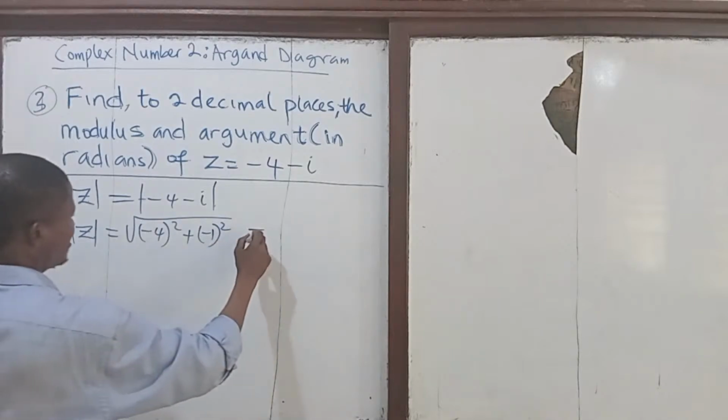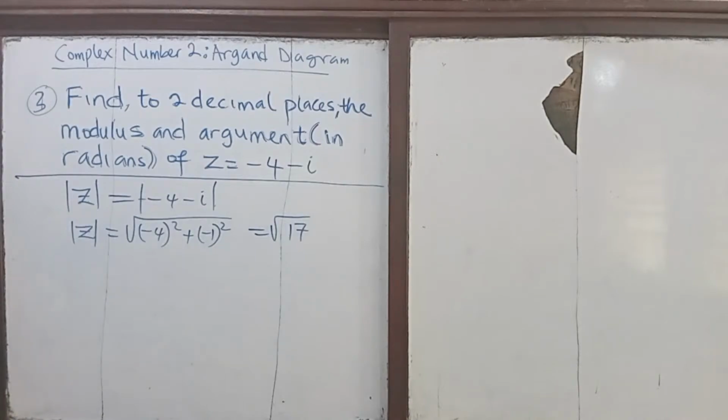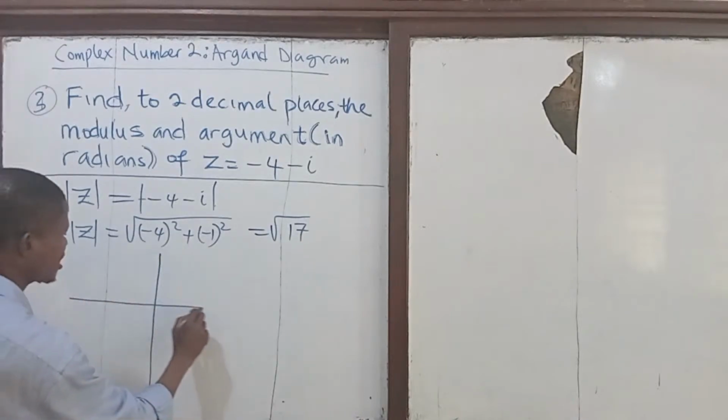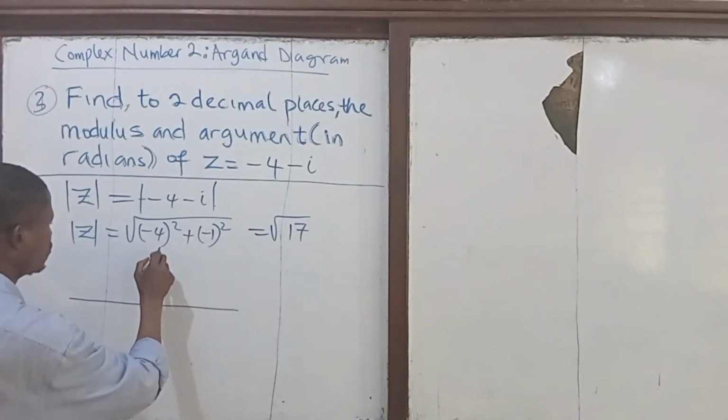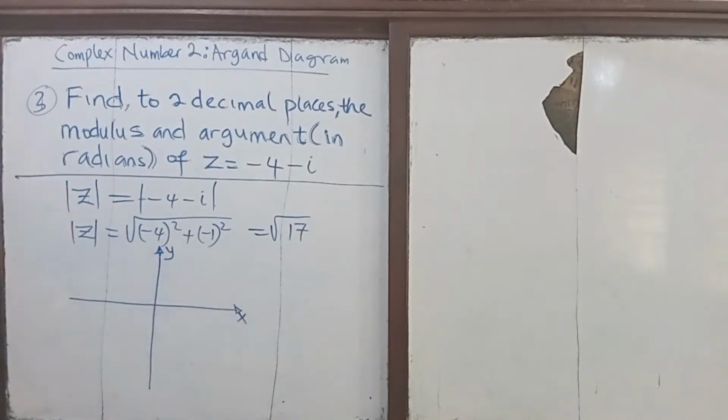That's root 17. But it's better to sketch so I can get the accurate modulus and argument of the complex number, and know the quadrant in which the complex number falls. This is your y-axis, this is your x-axis, and this is your origin.